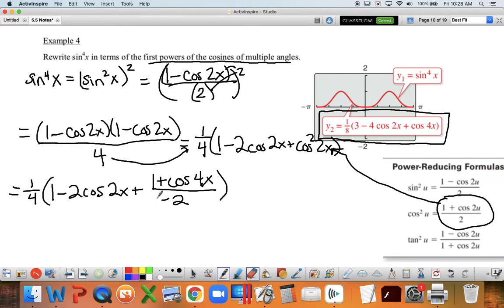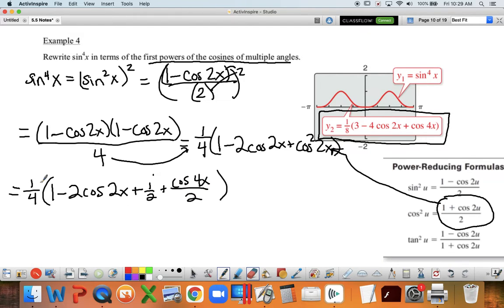Well, this is 1/2, and this is cosine of 4x divided by 2. I'm going to break that out into 2 separate fractions here. So I'm going to erase that so that I have a little more room to work with. I'm going to rewrite that as 1/2 plus the cosine of 4x over 2. They mean the exact same thing.